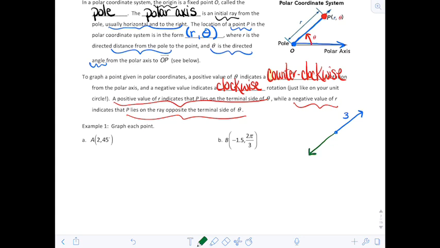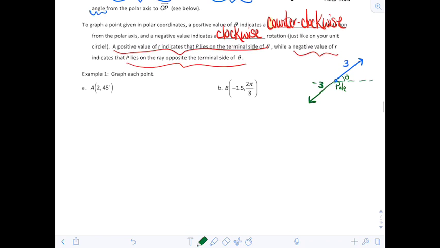So if we think about our polar coordinates, and this was the pole, and this was the polar axis, instead of going out 3 on the terminal side of theta, we would end up going the other direction and plotting a point.